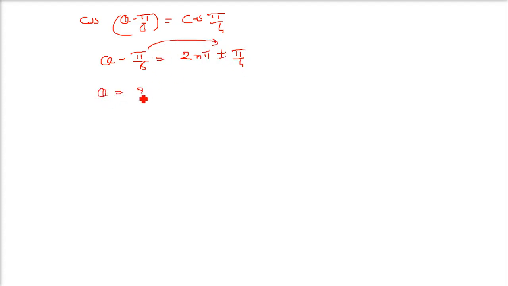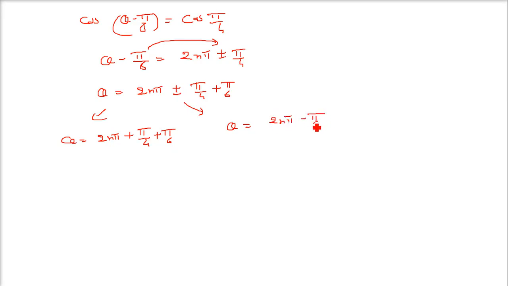Theta is equal to 2n pi plus minus pi by 4 plus pi by 6. So one time we will take the positive sign. So theta equal to 2n pi plus pi by 4 plus pi by 6, and now we are taking the negative sign, 2n pi minus pi by 4 plus pi by 6.